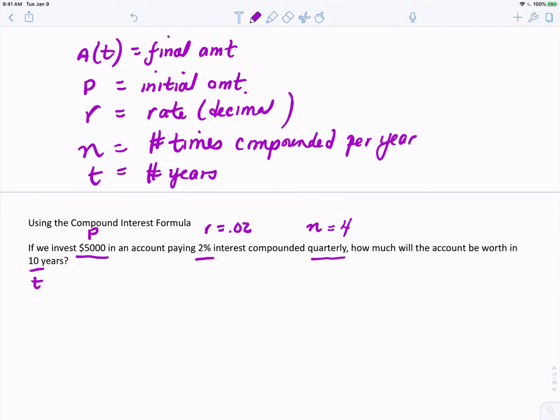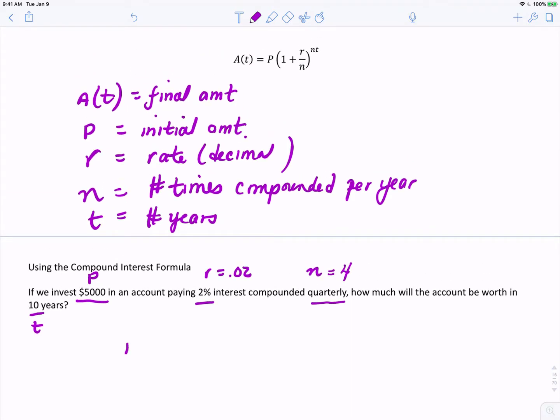So according to the compound interest formula, the amount in the account will be equal to our initial investment, 5,000, times 1 plus 0.02 divided by 4, raised to the 4 times 10 power. And so let's just go ahead and simplify this a bit, and then we'll get our final answer.